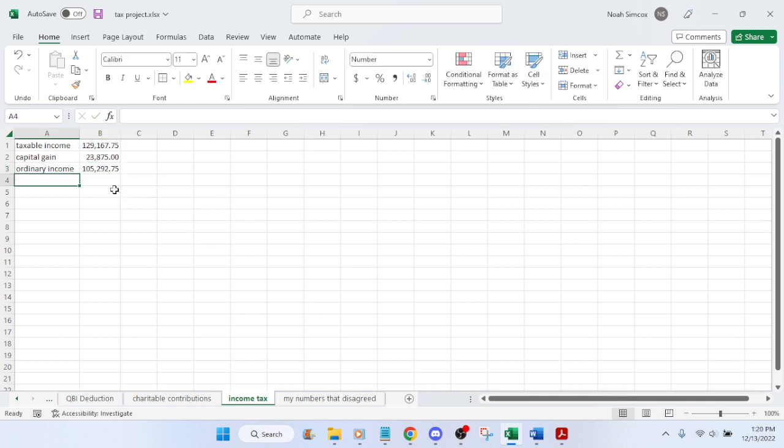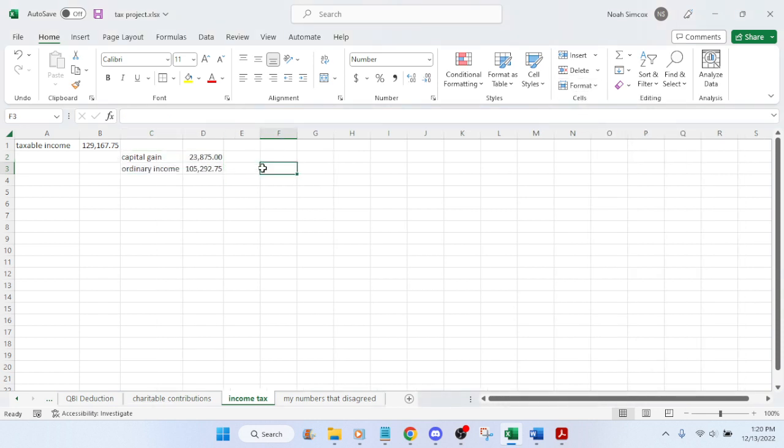So we have two different types of income: capital gain and ordinary. So we're going to put those there. Crap. So first of all, oh great, this is not how it works.